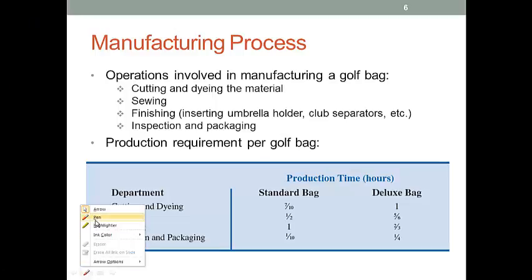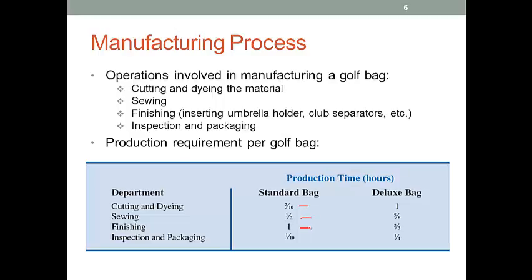For instance, to manufacture a standard bag, it takes about 0.7 hours in the cutting and dyeing department. It takes about 0.5 hours in the sewing department. It takes about 1 hour in the finishing department. It takes about 0.1 hours in the inspection and packaging department. The data on the right side shows everyone the hours it takes in each department to manufacture a deluxe bag.